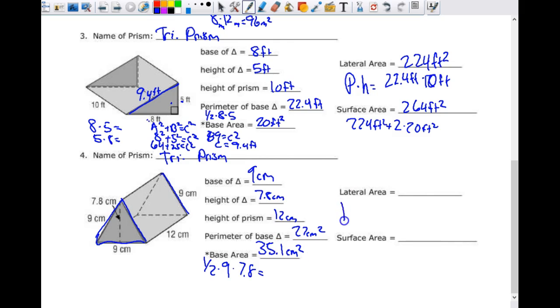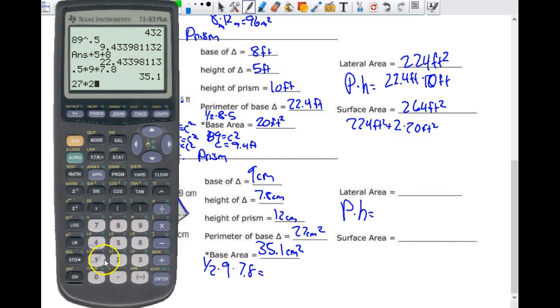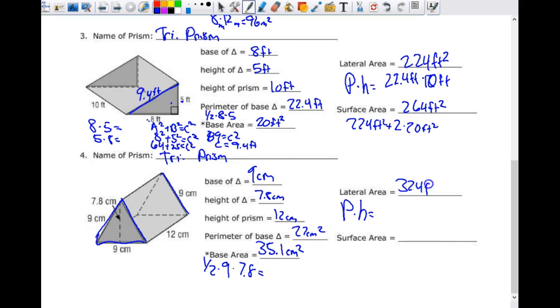Lateral surface area is perimeter times height. 27 times 12, and we get 324 centimeters squared.